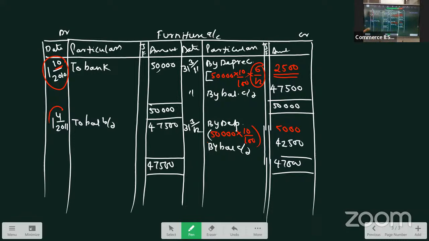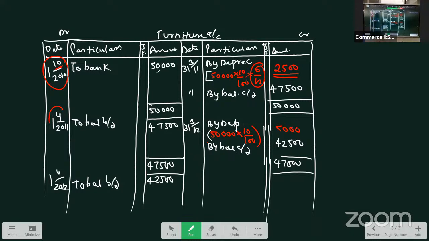Okay, so what is the written down value for the next year? 1/4/2012 to balance brought down 42,500. When do we close the books of account?